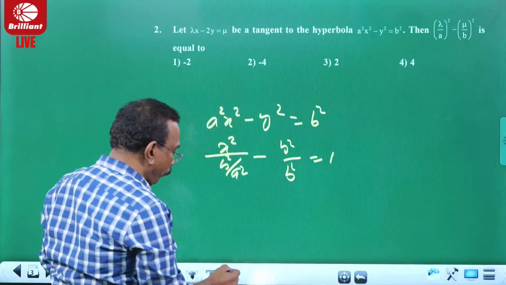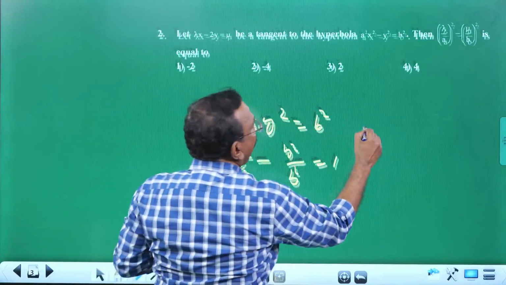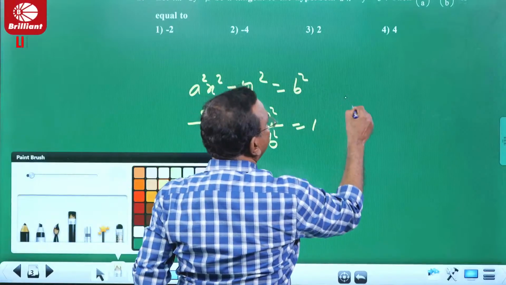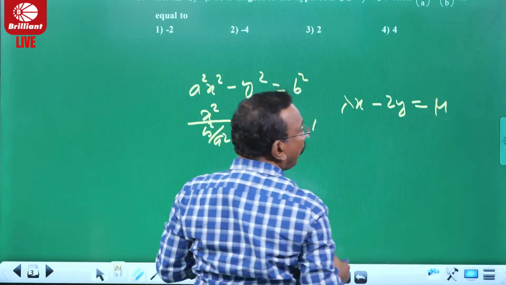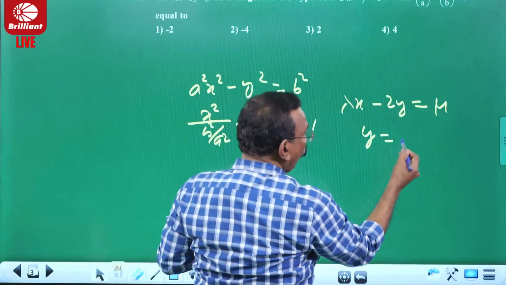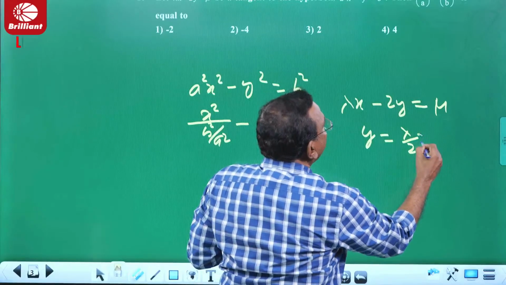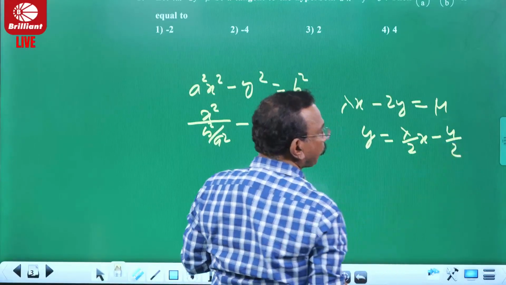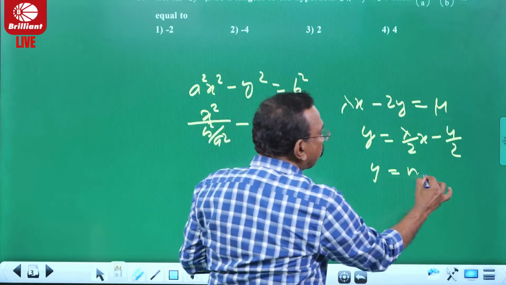It is our standard form of a hyperbola. And at the same time, you can see lambda x minus 2y is equal to mu is our line equation. Then y is equal to lambda by 2 x minus mu by 2.